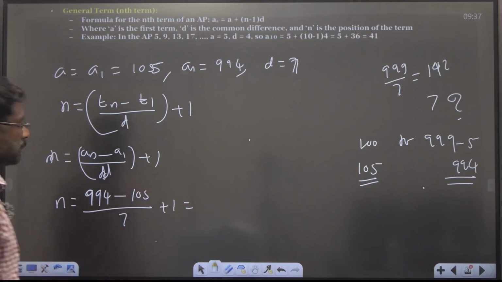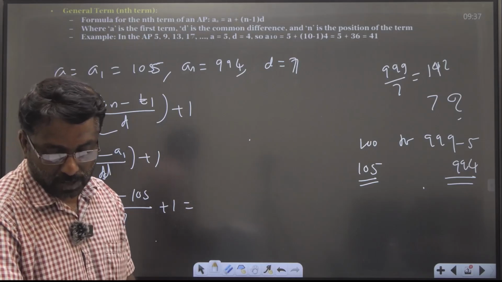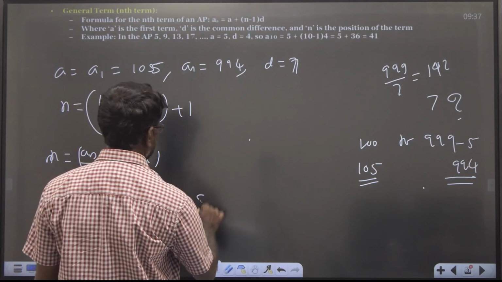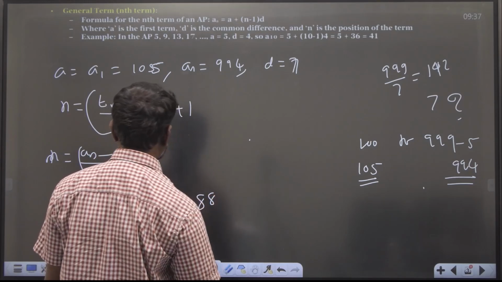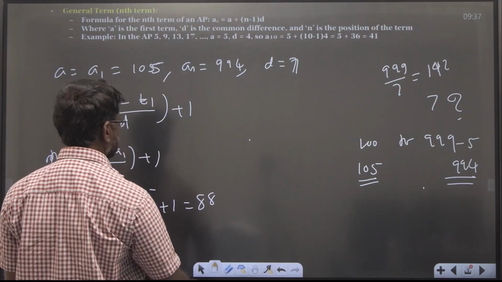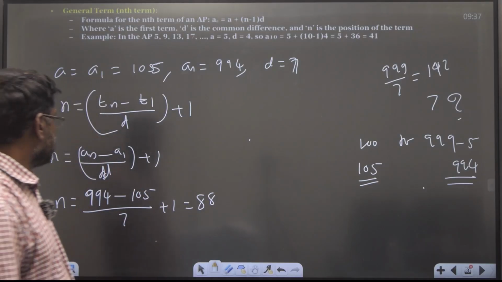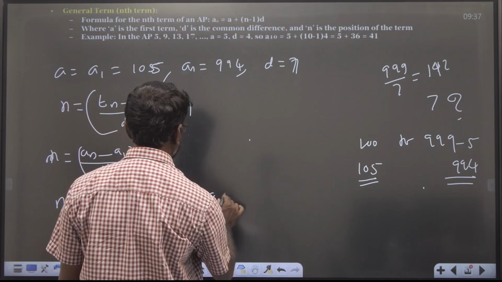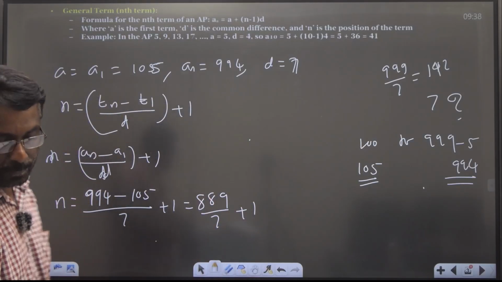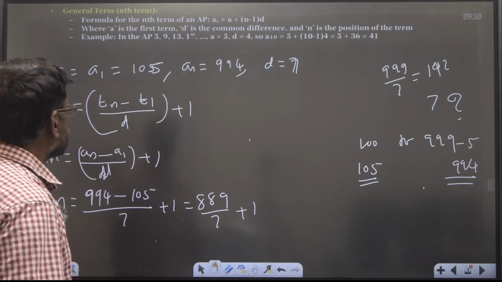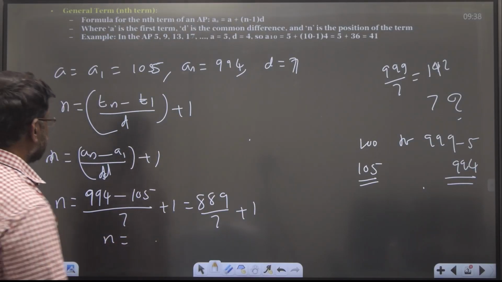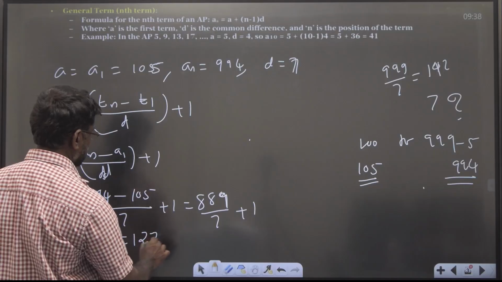This gives the answer. 994 minus 105 is 889. So 889 by 7 plus 1. n is equal to 889 by 7, which is 127, plus 1.